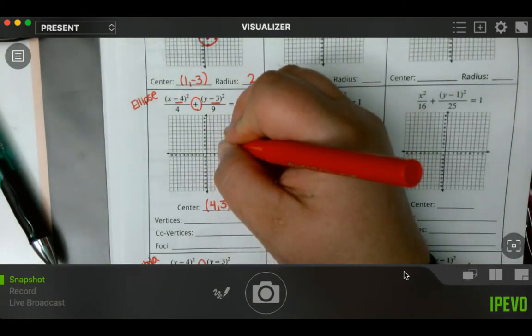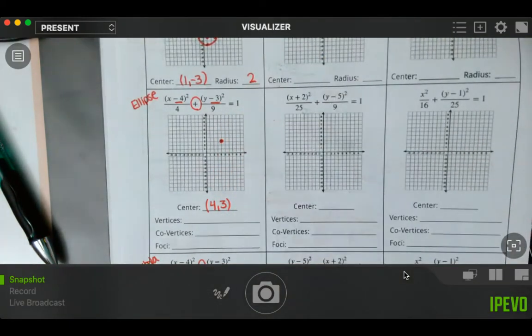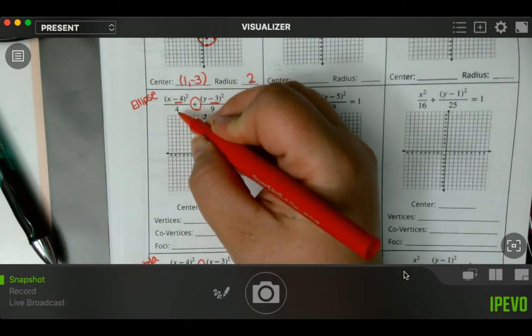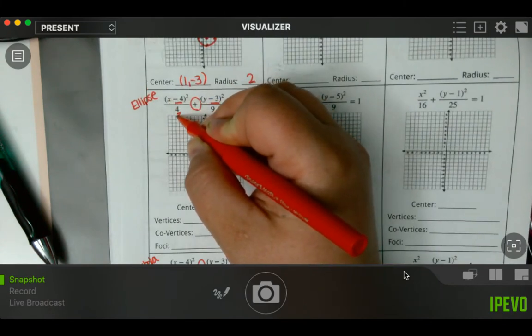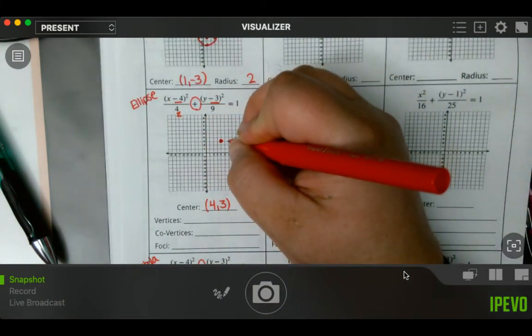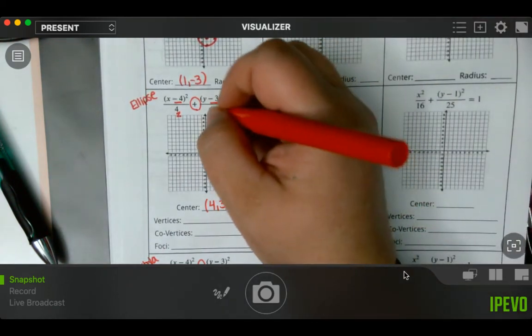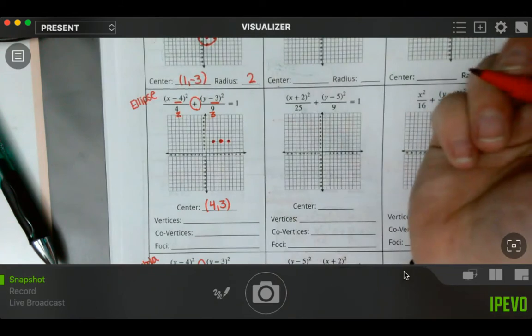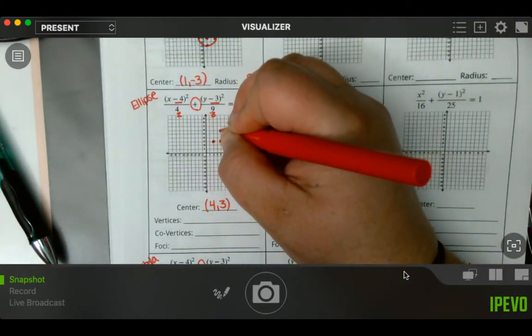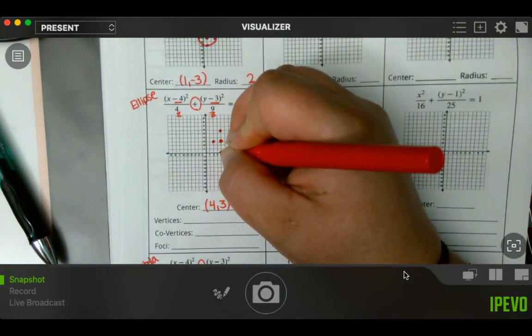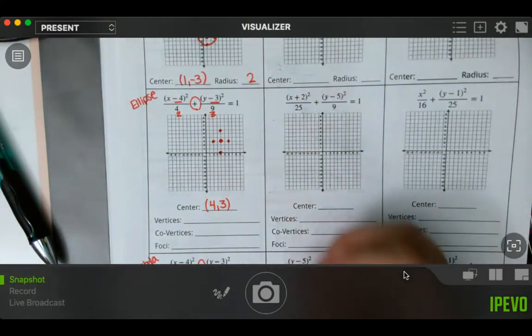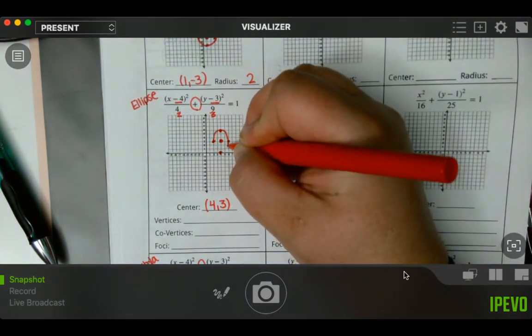Over 4, up 3. Then in the x direction, you're going to go over 2, because the square root of 4 is 2. Right and left. For the y value, the square root of 9 is 3. So up 3 and down 3. Then draw yourself your ellipse.